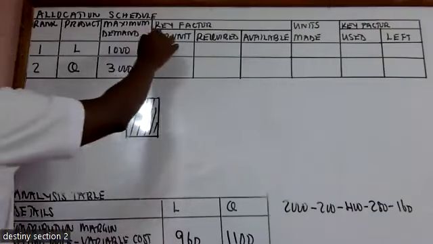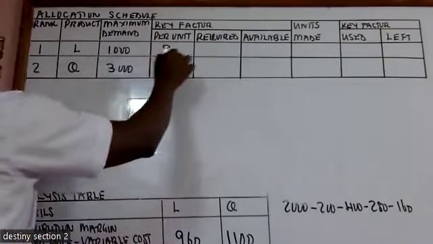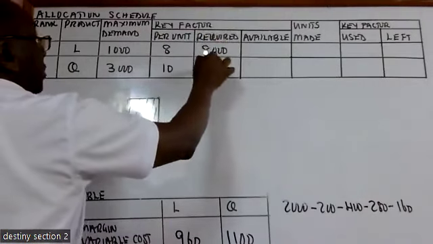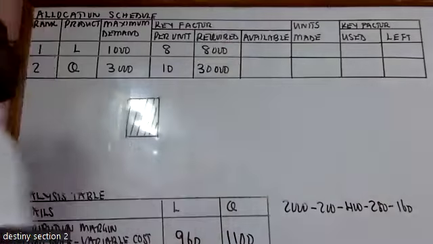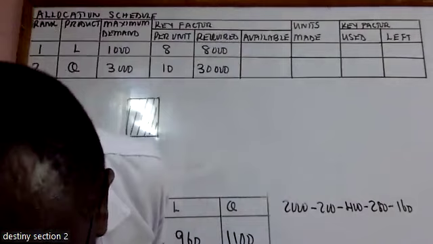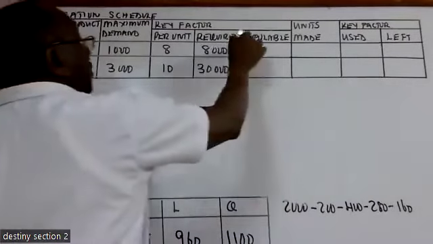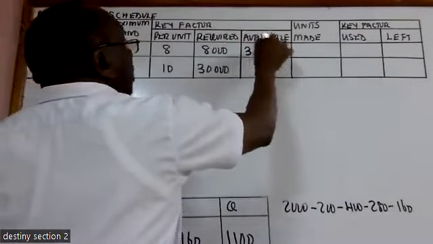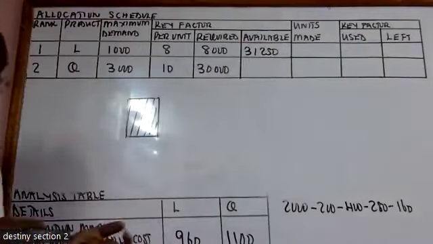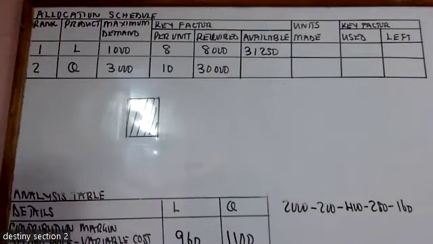The liters, this is 8, this is 10. This is 8,000, this is 30,000. And the available, you remember, we had that 1,250. So up to that point, I've not done anything new. I'm just writing what we have. So once you get there, write the words there so that now from there we proceed together.